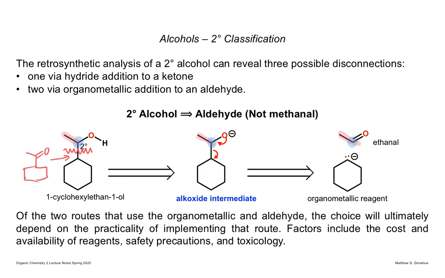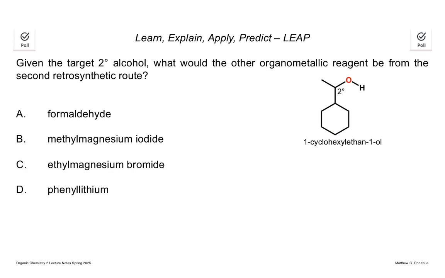And so there's a third way. In the third way, you would start with a different aldehyde and a different organometallic. So based on that information, what organometallic do you think you would start with?